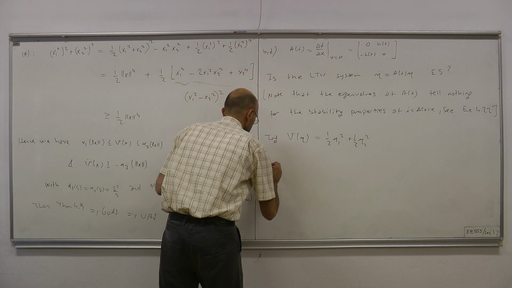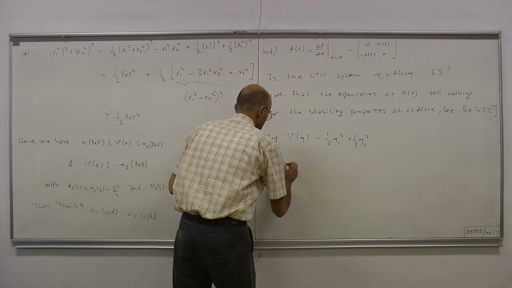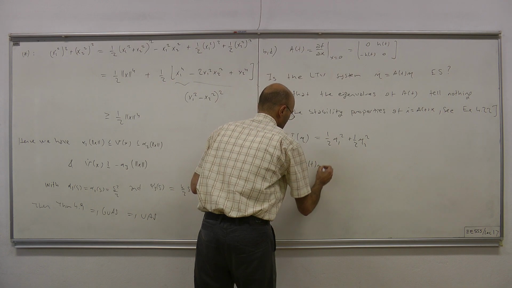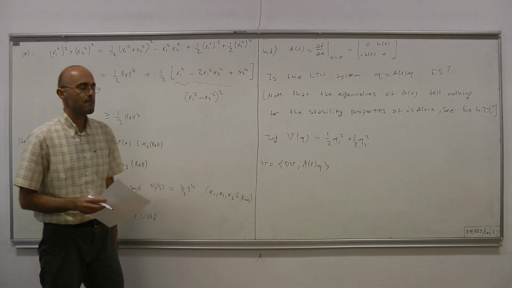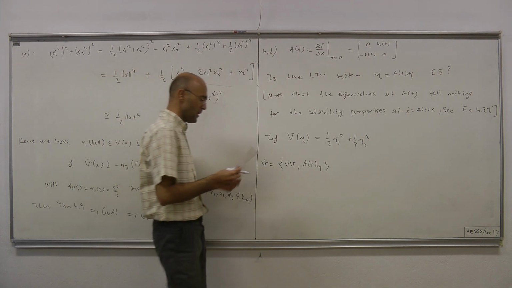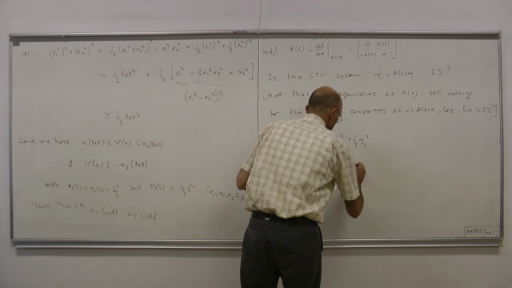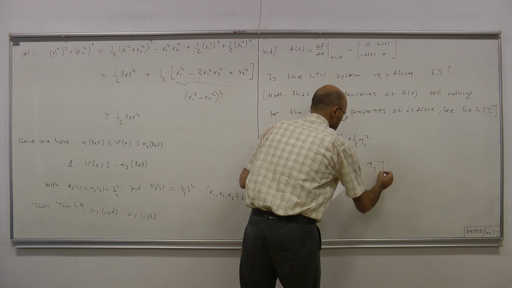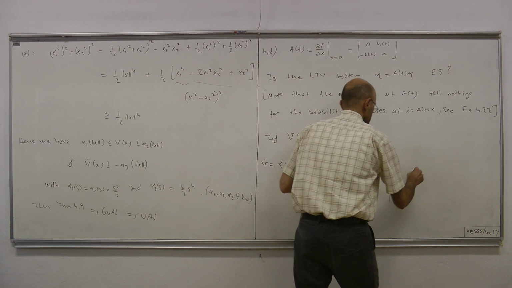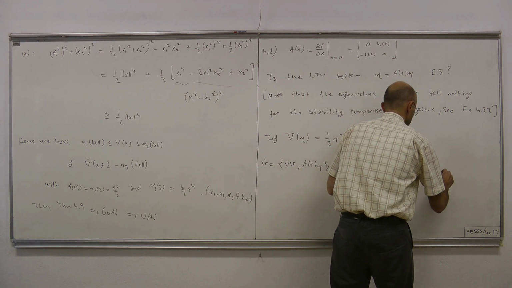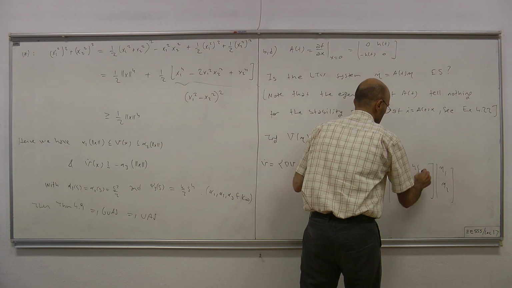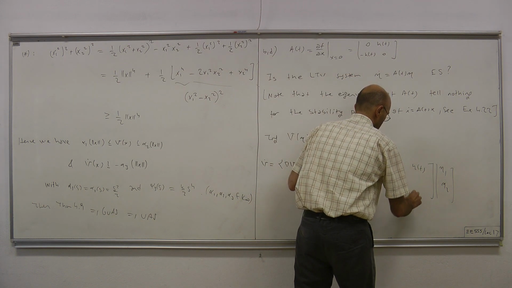Okay, so V dot is the inner product of the gradient with the right hand side. The transpose of the gradient is eta 1, eta 2, and the right hand side is the A matrix times eta 1, eta 2. And the A matrix is 0, h(t), minus h(t), 0.